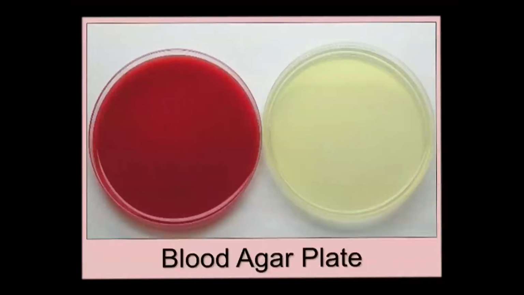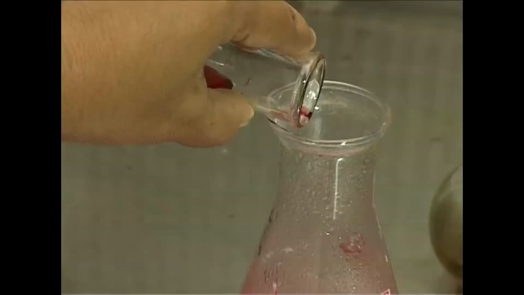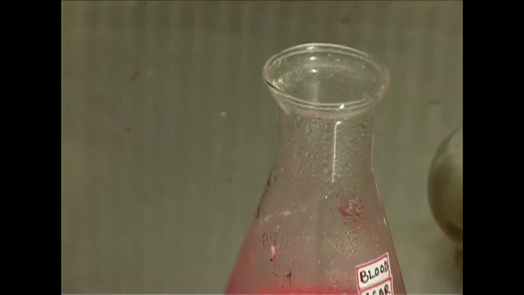Now, we perform hemolysis assay on blood agar plate or blood agar medium. Blood agar medium is an enriched medium. It is used for fastidious organisms and for the hemolytic organisms. It is used to differentiate among the hemolytic microorganisms. And blood agar medium is prepared by addition of 5% defibrinated blood to the blood agar base.